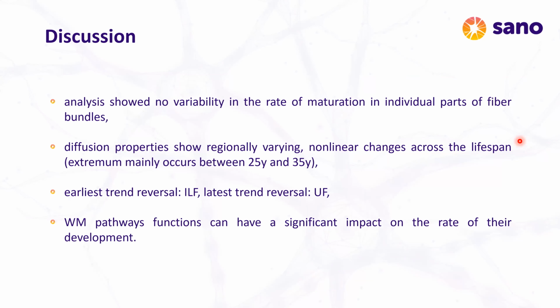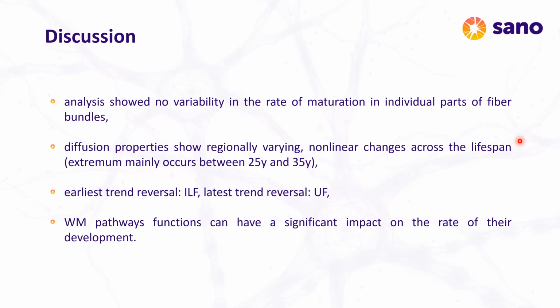The qualitative and quantitative analysis proved that the nature of changes in a single microstructural parameter is not the same over all of the fiber bundles, but it retains similarity for the same white matter pathway from the right and left hemispheres. And this means that the corresponding regions of both hemispheres are characterized by a similar tissue microstructure.